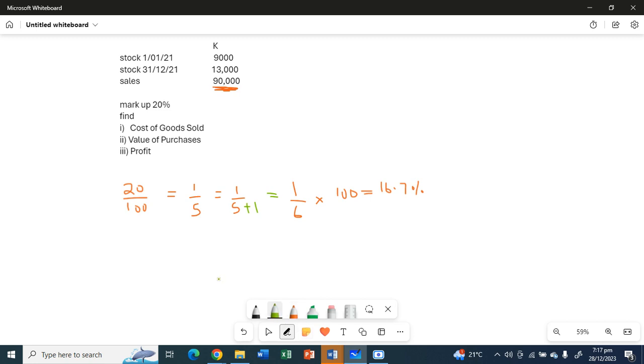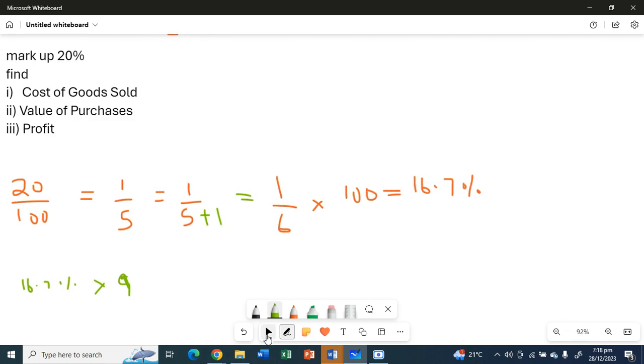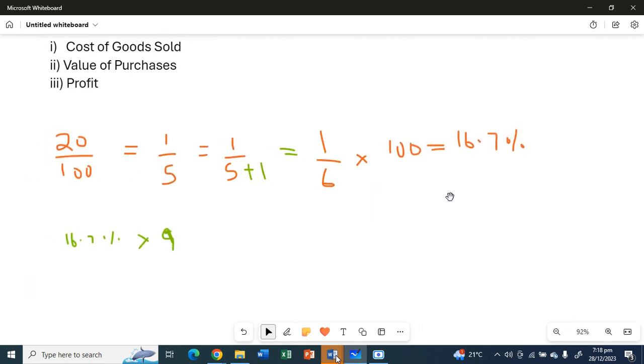This is 16.7% multiplied by 90,000. This is how we're going to get our profit. So 16.7%, we convert it into decimal, 0.167, multiplied by 90,000, which is the sales value.